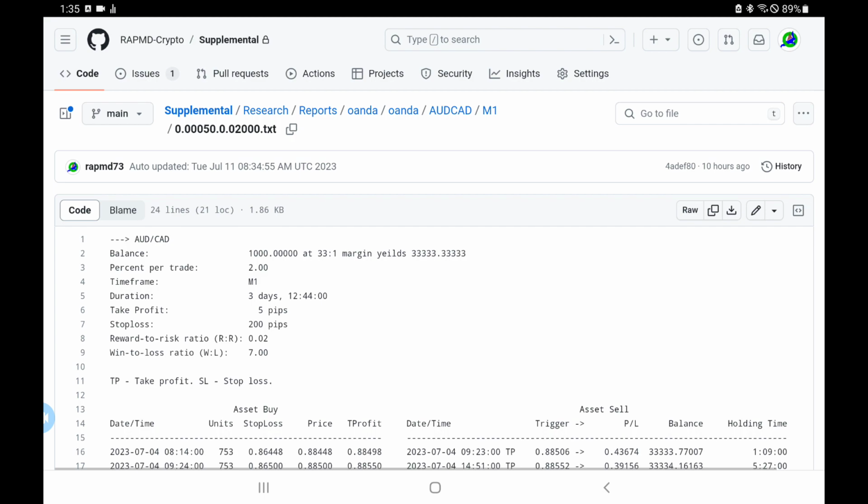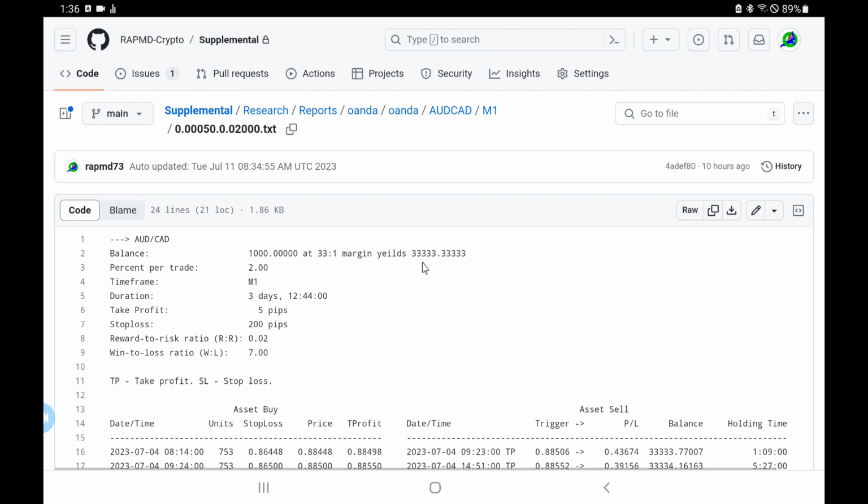And with Oanda, there are some slight differences we need to talk about. It pulls down and evaluates the margin of the asset, and it calculates the $1,000 base budget appropriate to that margin. So for this particular asset, at full margin, I have roughly $33,000 worth of buying power.